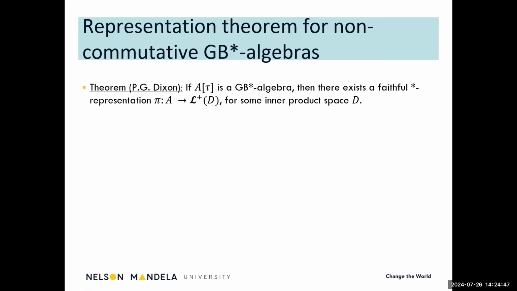So this is why it's good to bring in some algebraic structure, so that we can get something going which has some traits in common with the C-star algebra, the more familiar territory. Hopefully this gives a bit of a feel for what these GB-star algebras are.